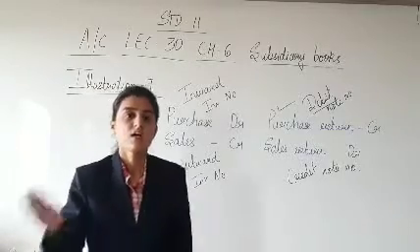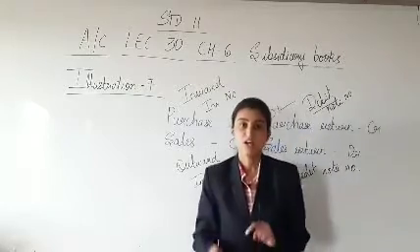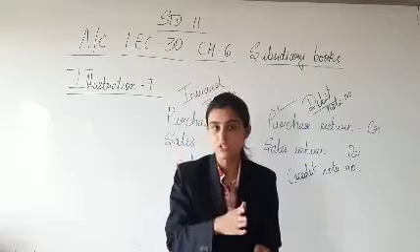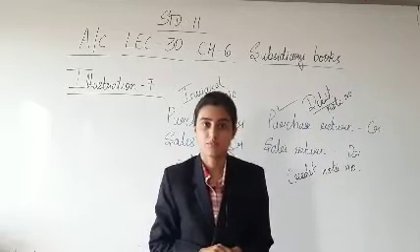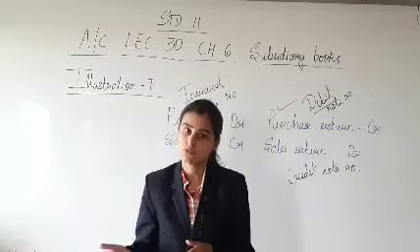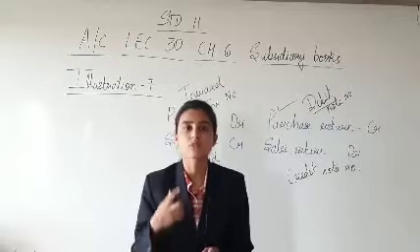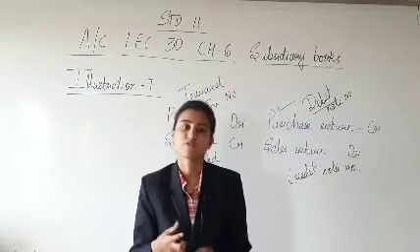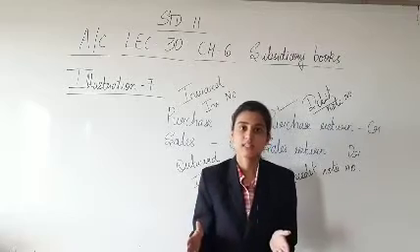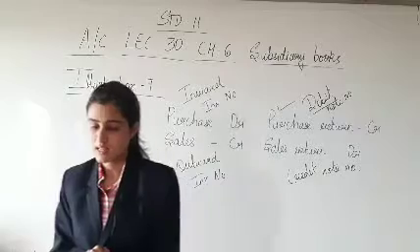How? 36,000, 10%, 3,600. So 36,000 minus 3,600 gives you 32,400, which is the net price of goods. In subsidiary books, you are always supposed to record the net price of goods, in case of purchase as well as in case of sales. Yes, so that's all.